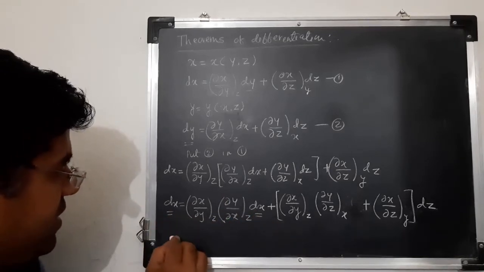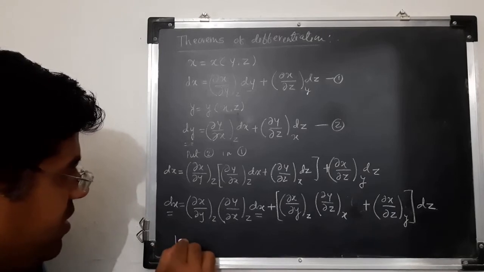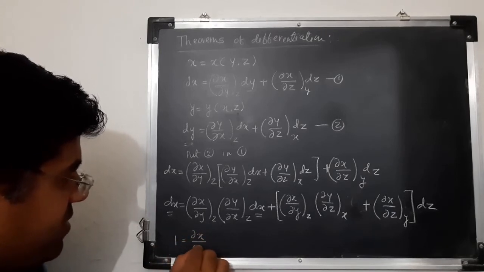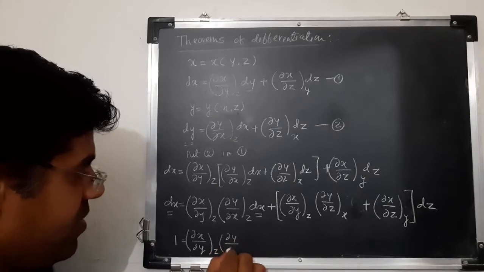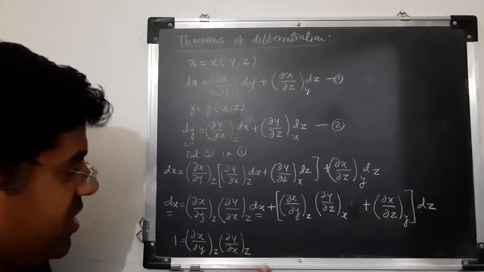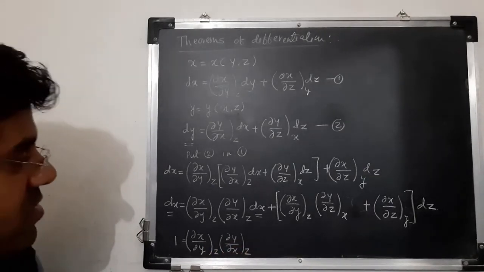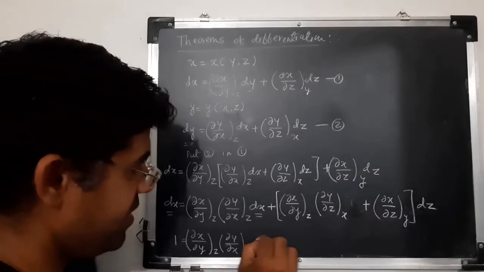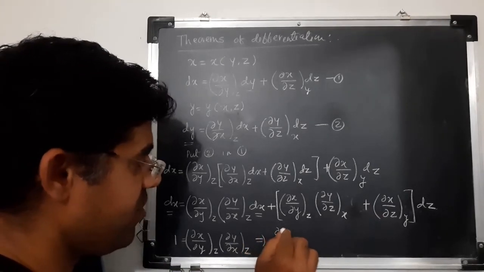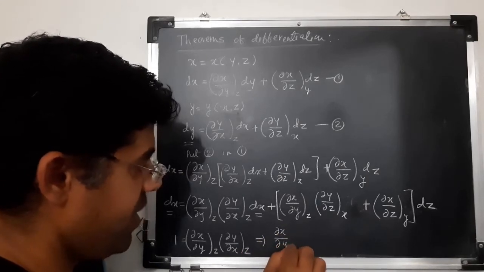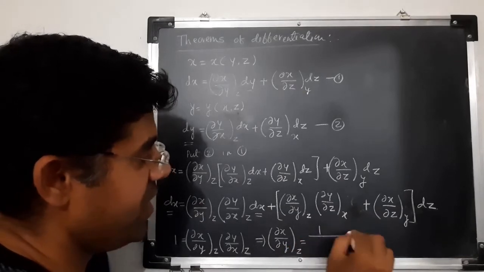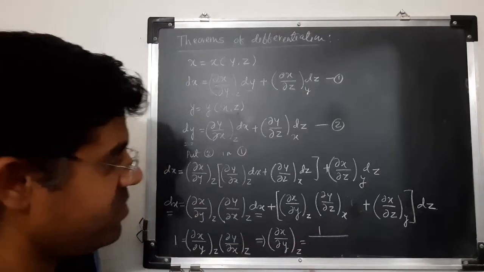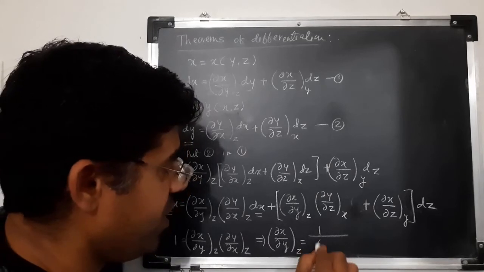So that is nothing but 1 equal to delta x by delta y at z times delta y by delta x at z. So this term I can write as delta x by delta y, z constant, which is nothing but 1 divided by delta y by delta x at z. I send it to the right hand side, so it goes to the denominator.